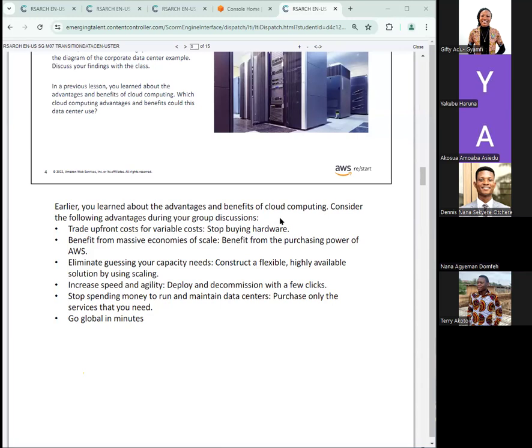Gifty. Hi, Akosia. Hi. I think another advantage is that when you're using the cloud, it's a managed service. So the database administrators or those who work at the data center don't have to worry so much about what goes on in the background.